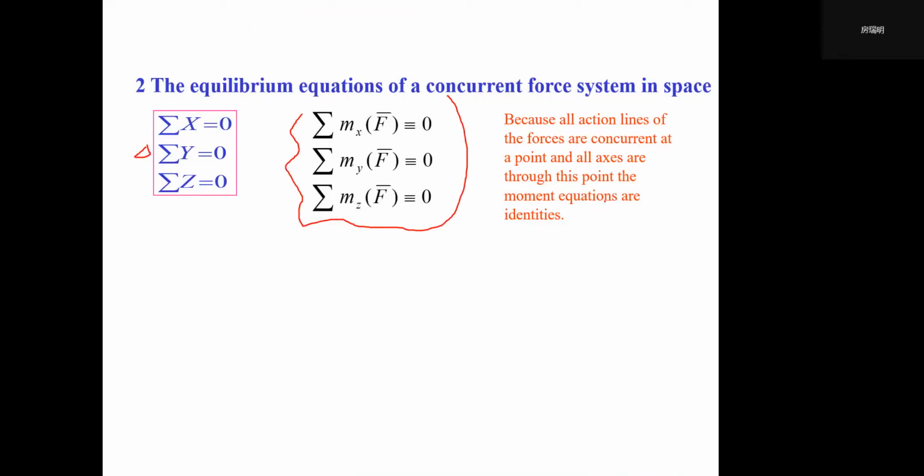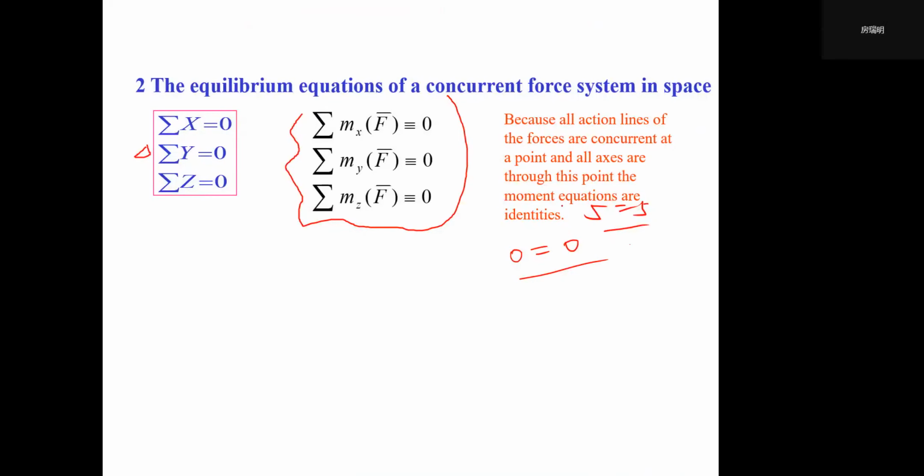The moment equations are identities, right? This means it is always zero, always true. So when you try to write an equation like this, maybe you will get a result like 0 equals 0, or 5 equals 5. You see, it is an equation, but it is of no use in helping us find unknowns.